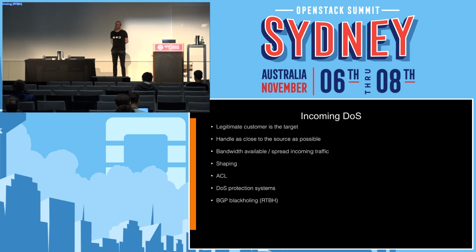The volumetric attacks are usually easier to handle as long as you actually have bandwidth to handle them. But the protocol attacks and the state attacks might be, in some cases, harder.